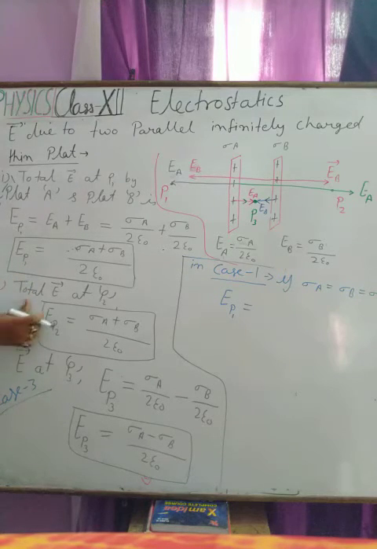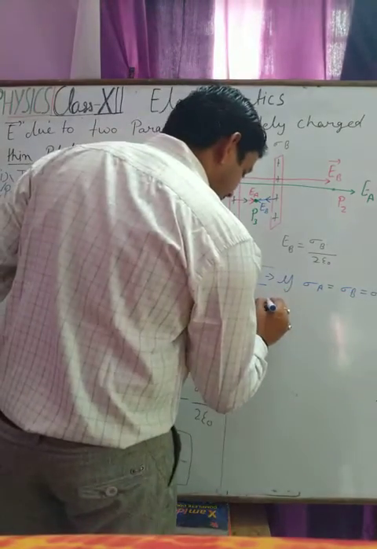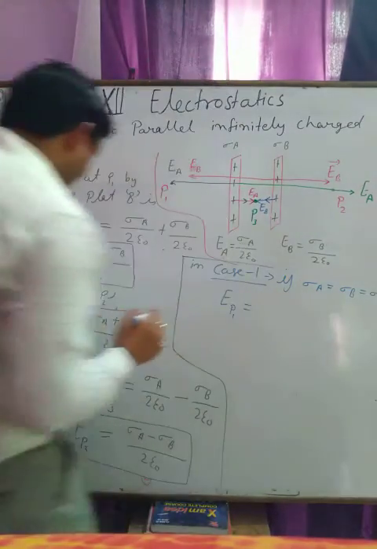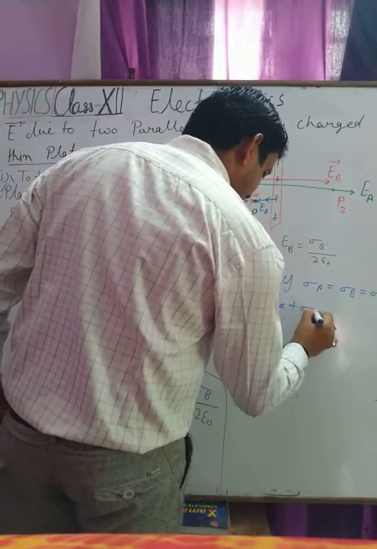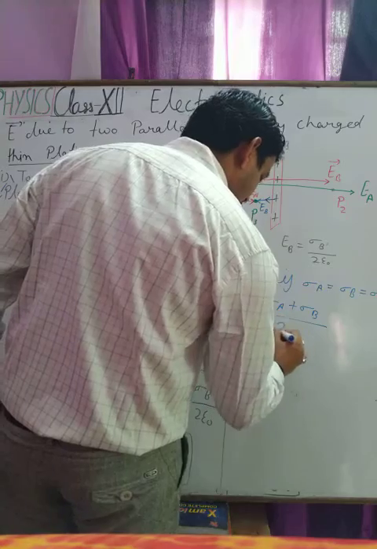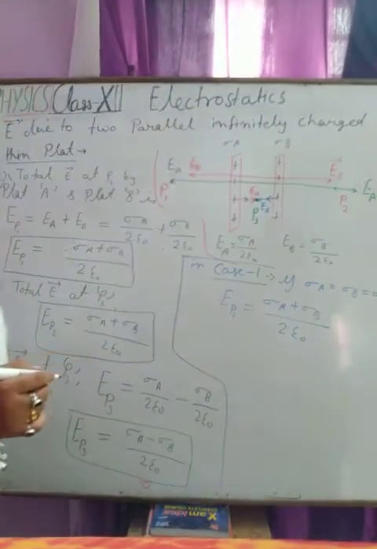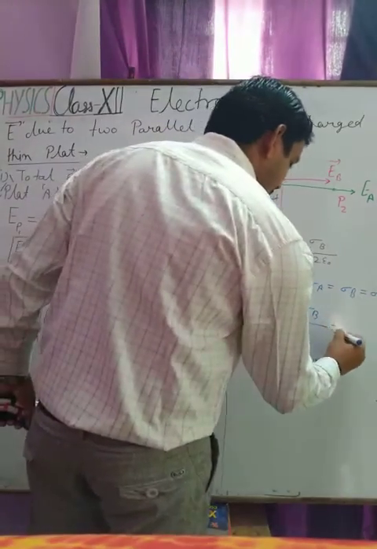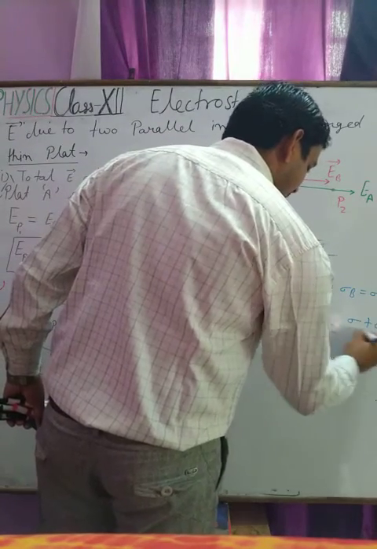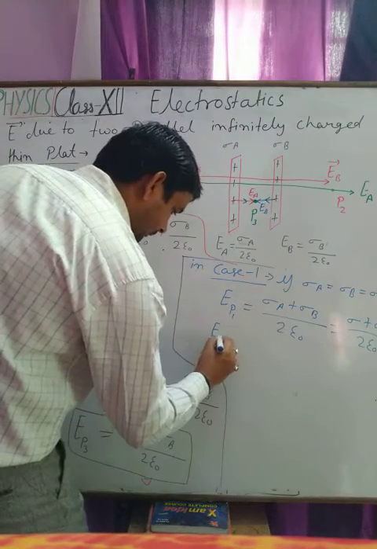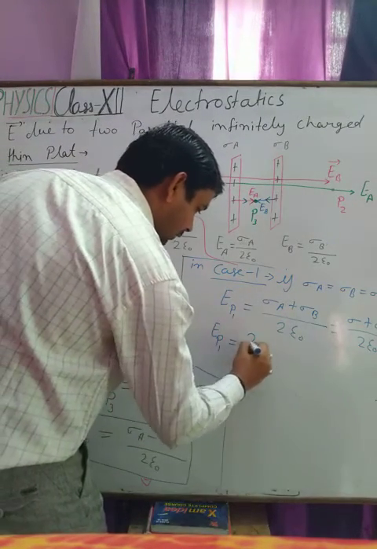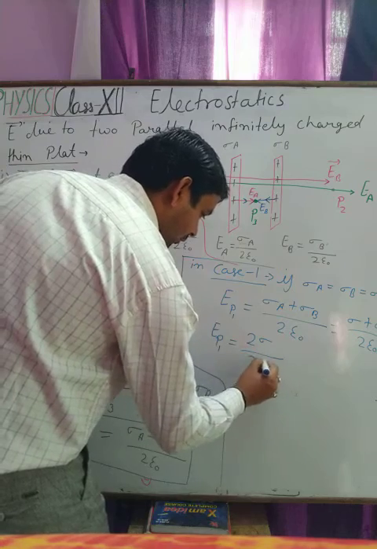This is totally case 1, students. For P1, we have sigma A plus sigma B upon 2 epsilon naught. It is clear, student? Now sigma plus sigma upon 2 epsilon naught, the 2 sigmas add up, and we get 2 sigma upon 2 epsilon naught.